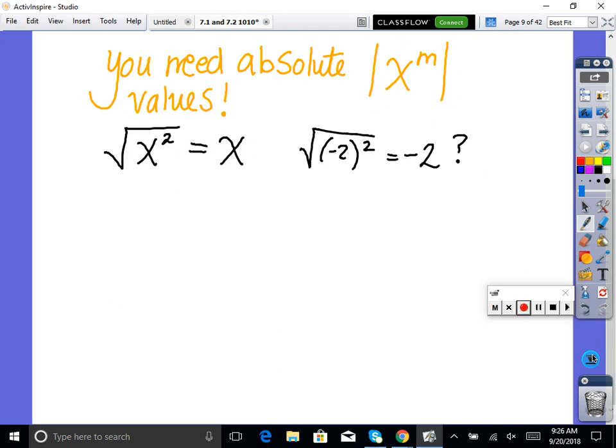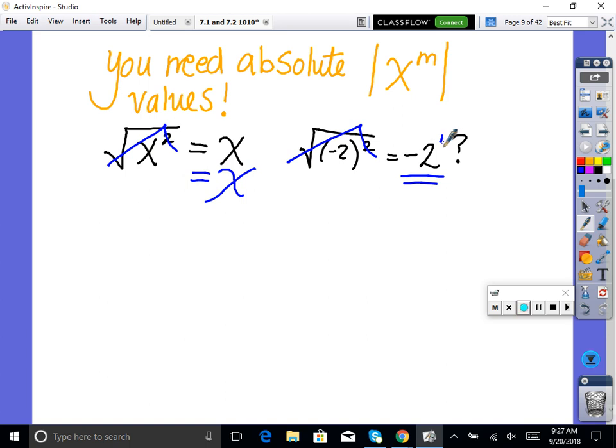So now look why this is. Everybody look. Here we say root cancels out with power, we get x. That is true, correct? Yes, that is true. Now let's do that same thing here. Root cancels out with power, we get negative 2. Well, that can't happen. You just said that a square root had a negative answer. It's either i or positive. Do you guys see why that's a problem? So we would say, look, even root, did this come out to have an odd exponent?